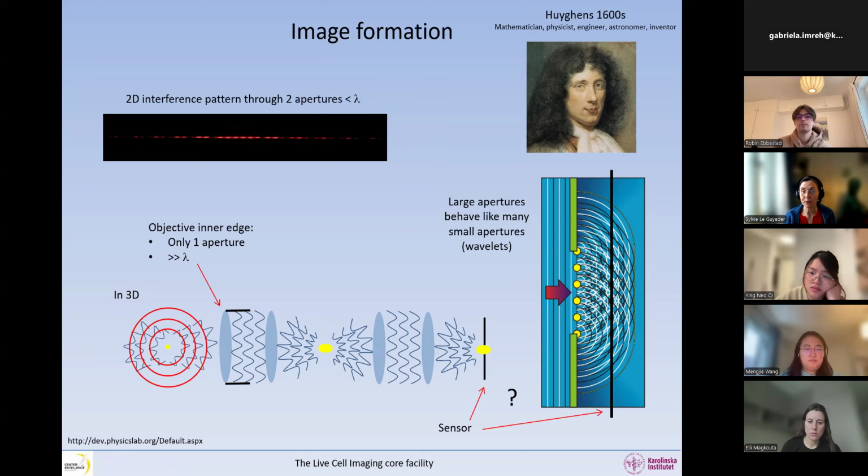So if we put our sensor here, what happens then? What do we see? So I remind you that this would represent basically the edge of the objective, and this would represent the final image plane where we image.